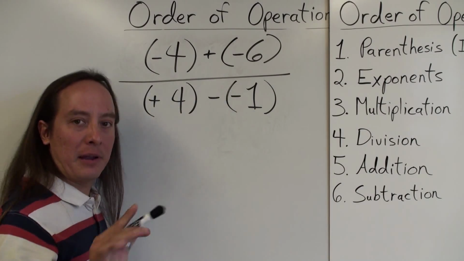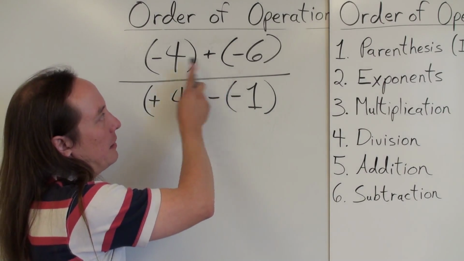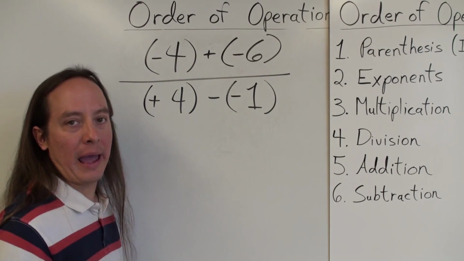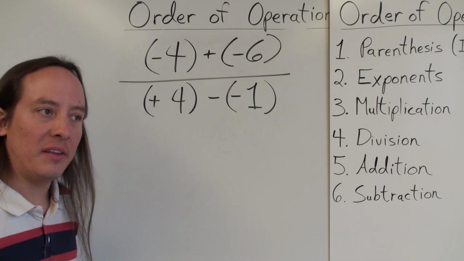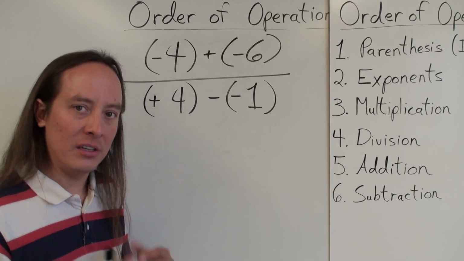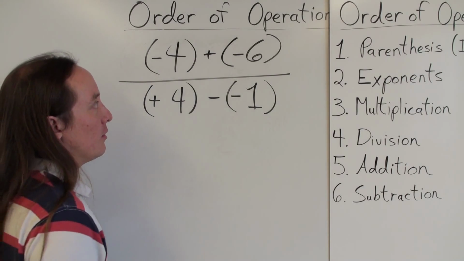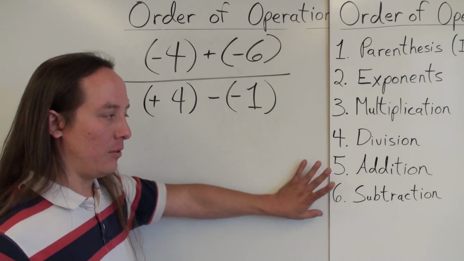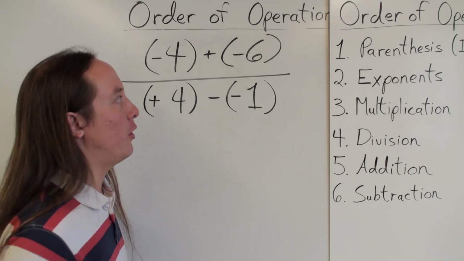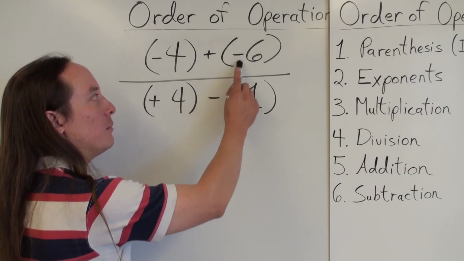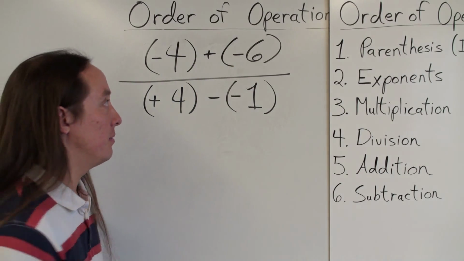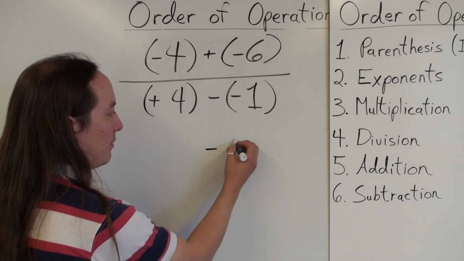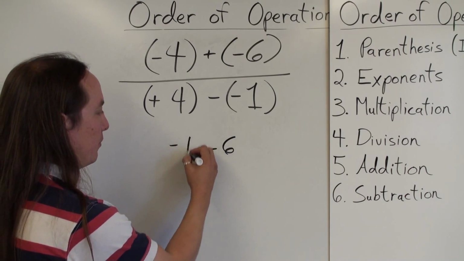Okay, so let's see if we can do this. In the numerator, what kind of steps do I have? Looks to me like a multiplication, and then some kind of addition or subtraction, depending on the sign. So I need to do the multiplication before I do the addition and subtraction, because multiplication comes first. So the multiplication is the multiplication of the signs. Positive times a negative is a negative. Okay, so that's really a -6 and a -4.